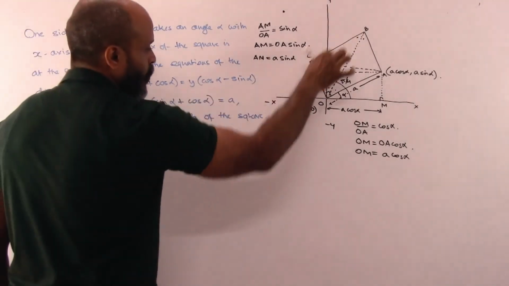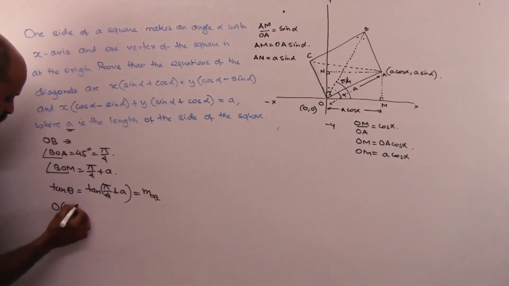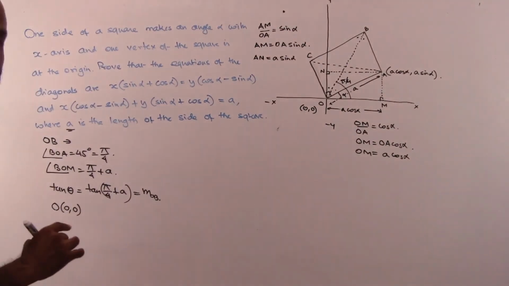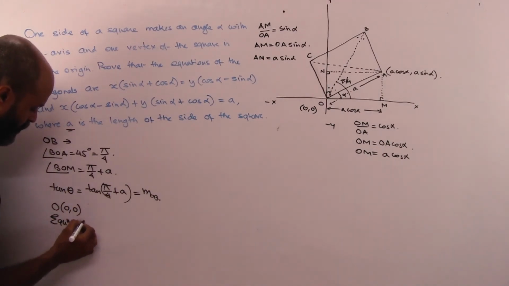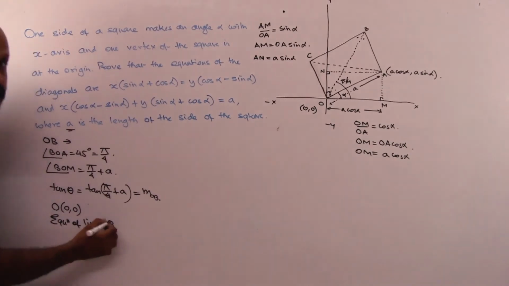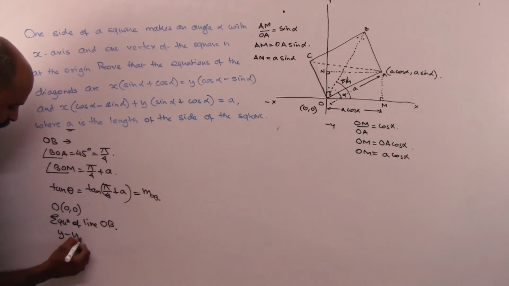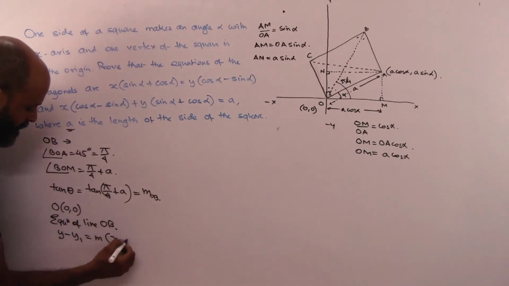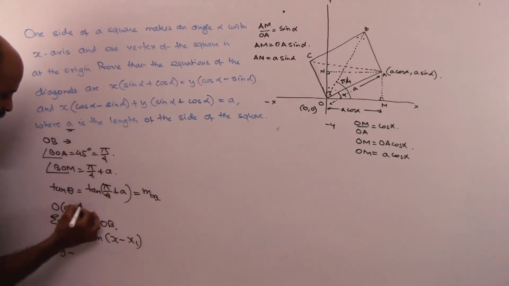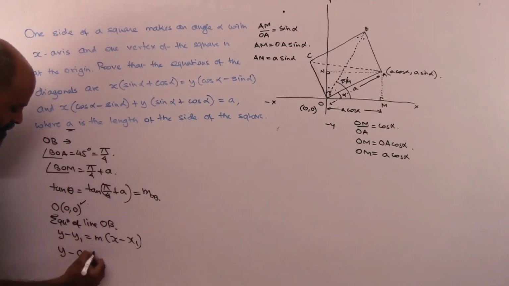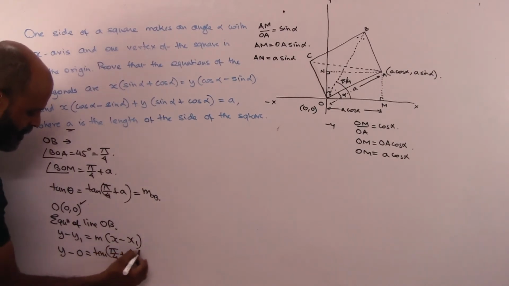Now in OB we know that there is one point O, that is 0, 0. So we can find out the equation of line OB. So let's calculate this first. Equation of line OB: y minus y1 is equal to m into x minus x1. So y minus 0, m, that is tan of pi by 4 plus alpha, into x minus 0.